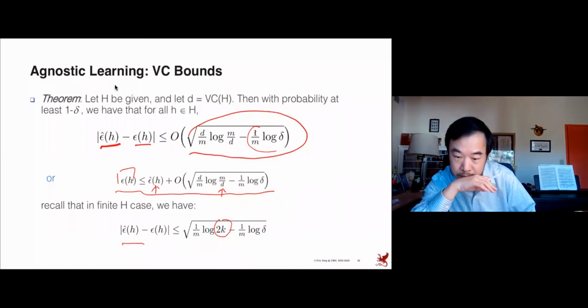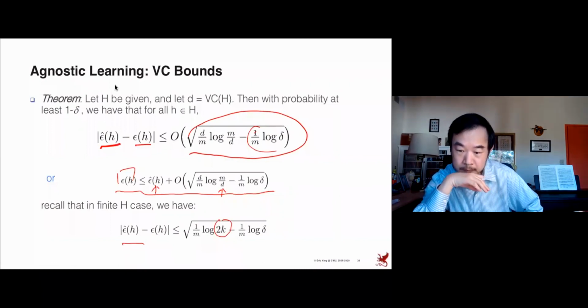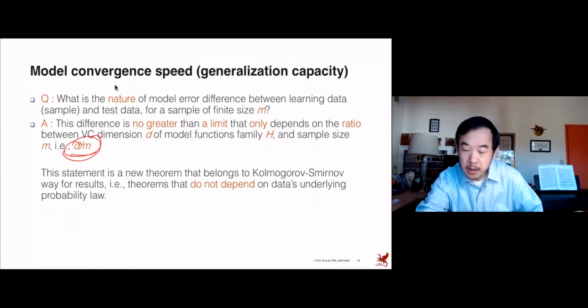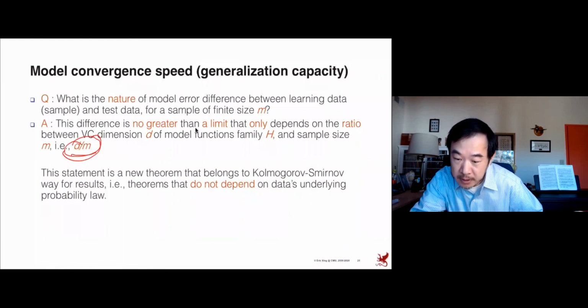Eric, there are two questions in chat referring to the previous slides. Let me see. Does it mean that even if H is inconsistent, it can also converge?